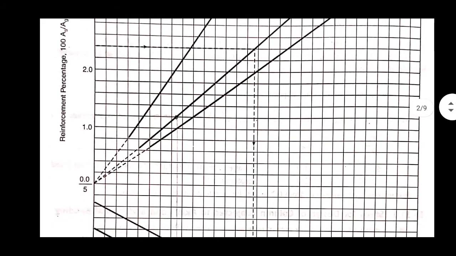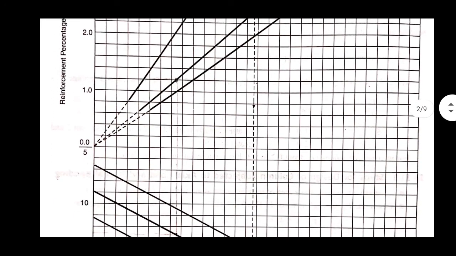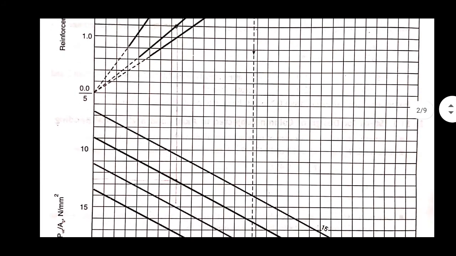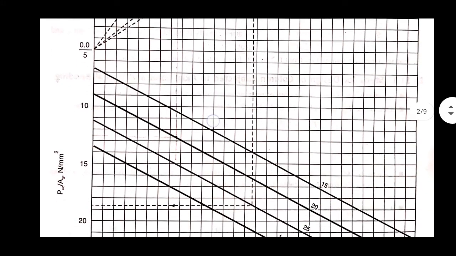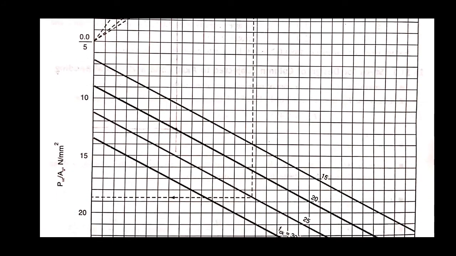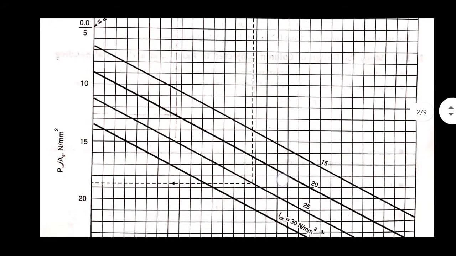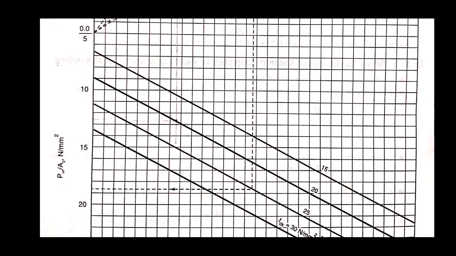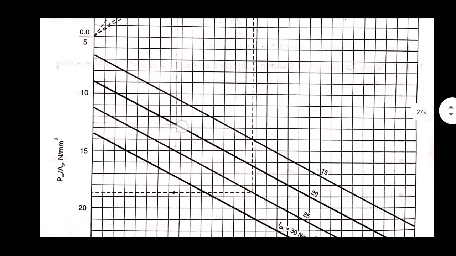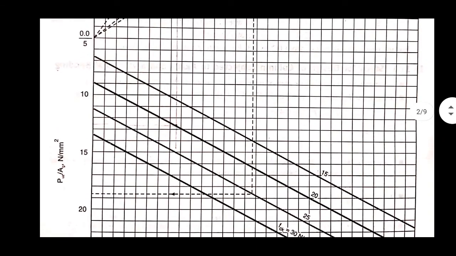Now we have to draw a straight line up to the curved line of fck. In our case, fck is 20. So here it is also marked dark.